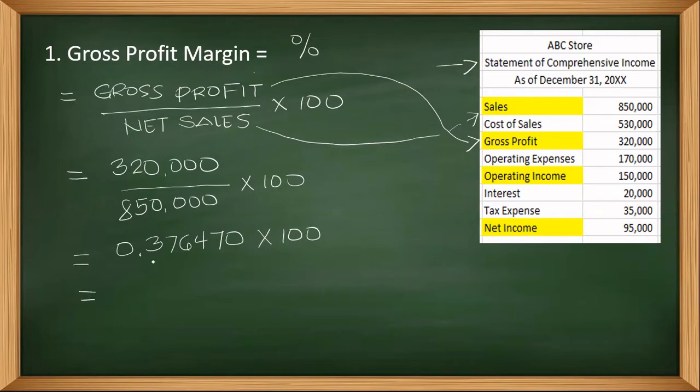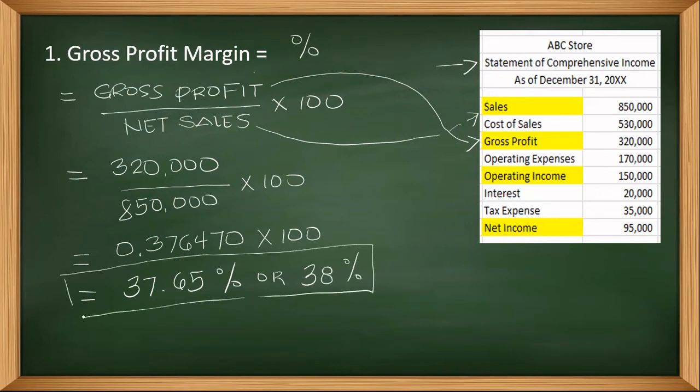If we're going to get at least two decimal places, the answer will be 37.65%, or in whole number, we get 38%. So this will now be our gross profit margin rate, which is equal to 37.65% or 38%, which means that 38% of the net sales is the gross profit.